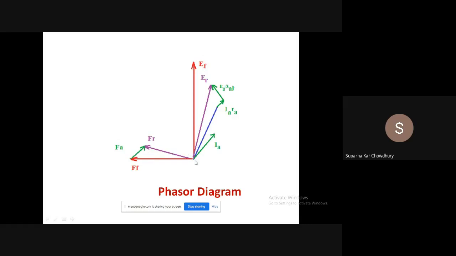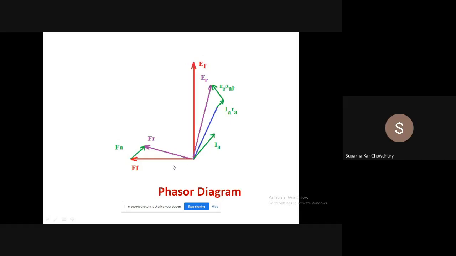So our resultant MMF becomes Fr, the summation of Ff and Fa, and this resultant MMF will now induce an EMF in the winding, Er. So Er is different from Ef, and the difference is due to the armature reaction drop.